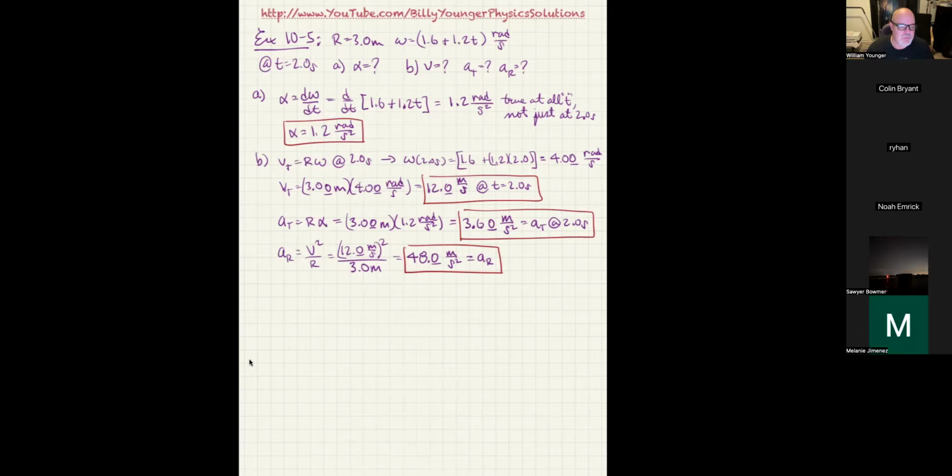Section 10.3 is where they start to do more of the straightforward kinematic calculations instead of the stuff that we've been doing. So let's look at example 10.6. It says centrifuge acceleration.